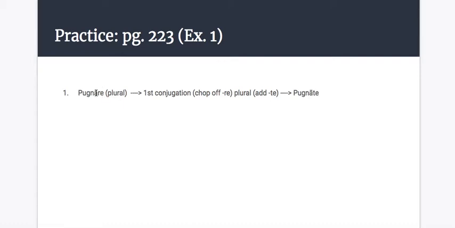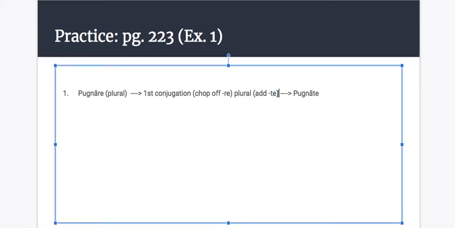I'm going to look at it and see that the infinitive tells me that pugnare is first conjugation. That means I can just chop off the re and get pugna for the singular, to tell one person to fight, or I could tell multiple by adding a te. So maybe an exhortation a general would give his men on the battlefield of Rome: Pugnate!